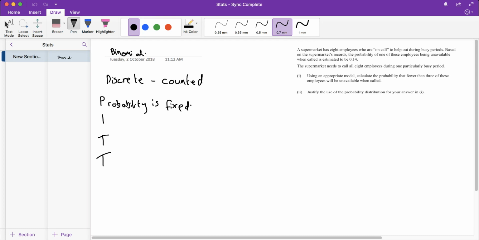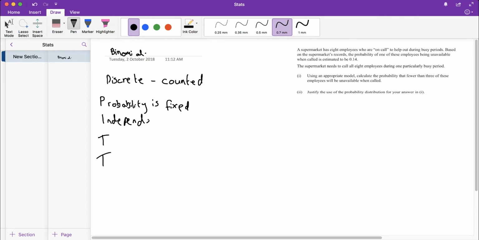Every single one of those tests is going to be a success or fail test. Therefore, the probability needs to be fixed every single time, so it doesn't change between how many times you do it. The second one, which leads from that, is independence.